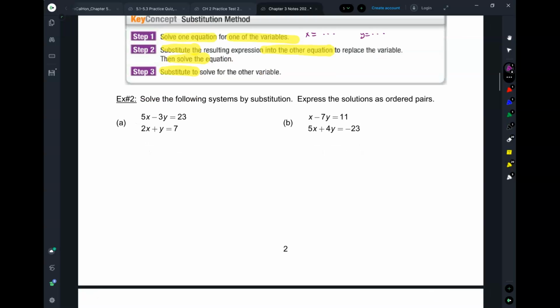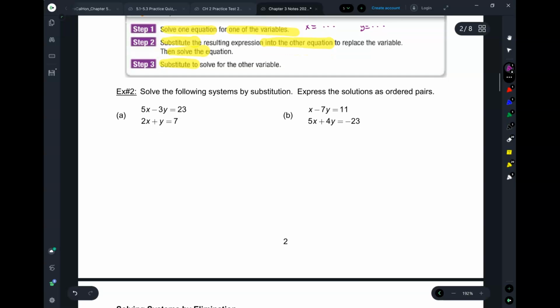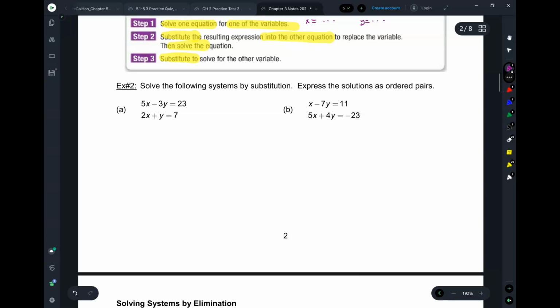How do you know if a problem is a good problem to do substitution? Usually, you will have one of the variables with a coefficient of 1 or -1, okay? So this one, for example, y is alone. So I can solve this for y, and it's -2x plus 7.